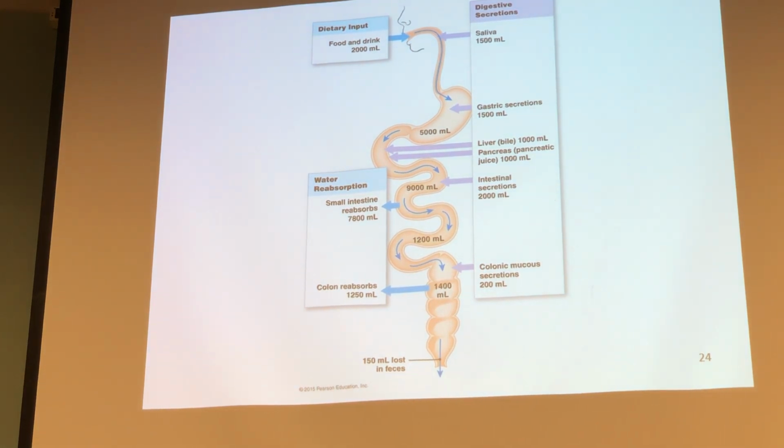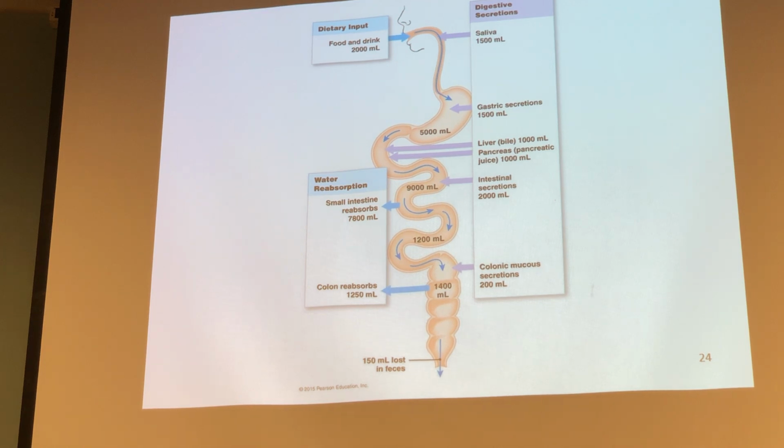All right? And just to give you an example, you don't have to memorize all these numbers, but you produce 1.5 liters of saliva. Just to really drum that home, I'm going to borrow Mary's bottle of water here. So you have 3 of these of saliva a day. That's how much spit you make. Wait, 3 of those bottles? 3 of these bottles.